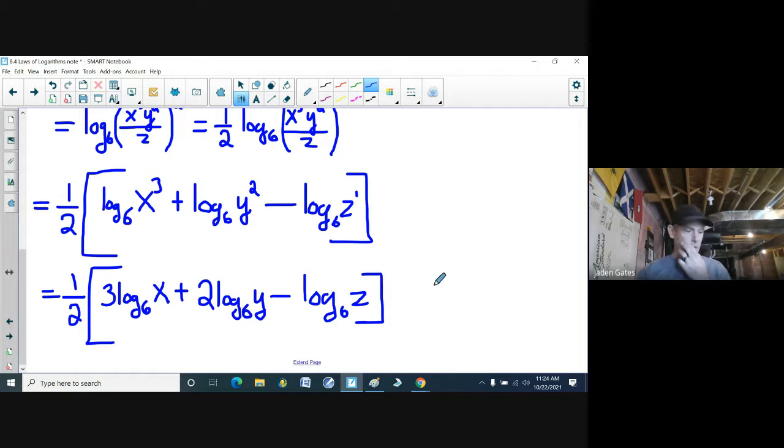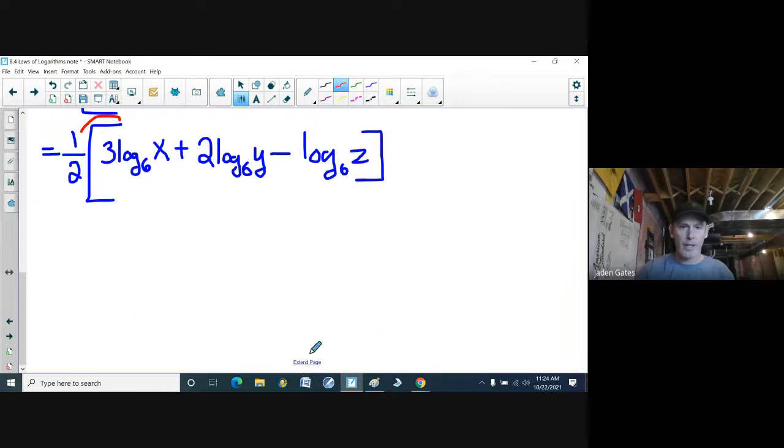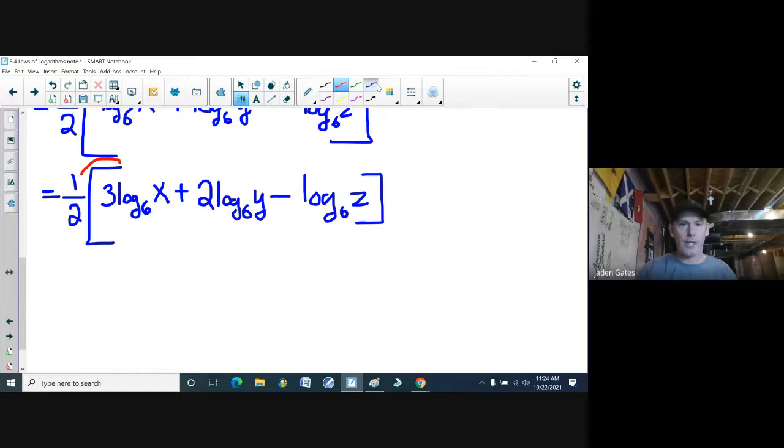All you got to do now is the rainbow rule, or the distributive property, just times each term by 1/2. And so I end up with 1/2 times 3. That would be 3/2 log base 6 x. All right, that's the first term.